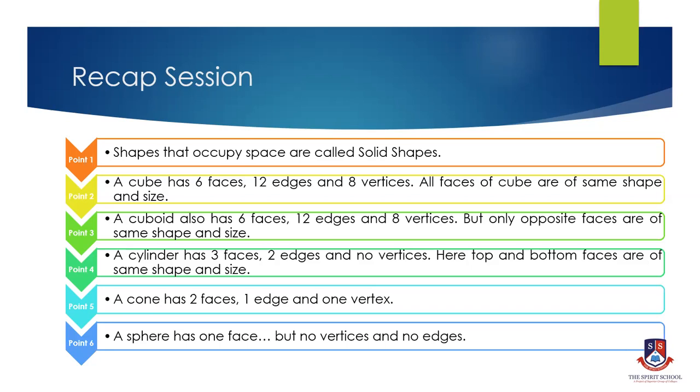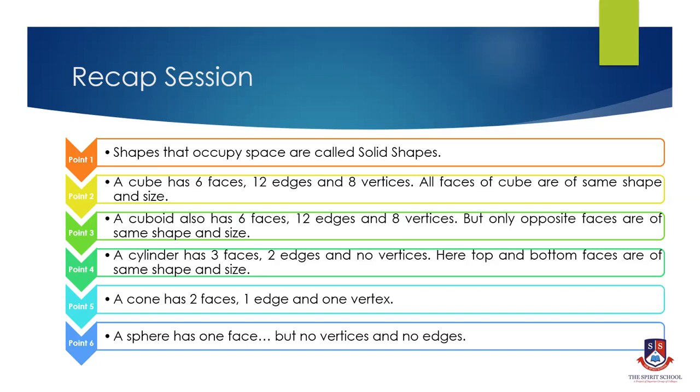Then we have seen that a cube has six faces, 12 edges, and 8 vertices. And what was the unique feature? The unique feature was that all faces of a cube are of the same shape and size, and they are basically square.